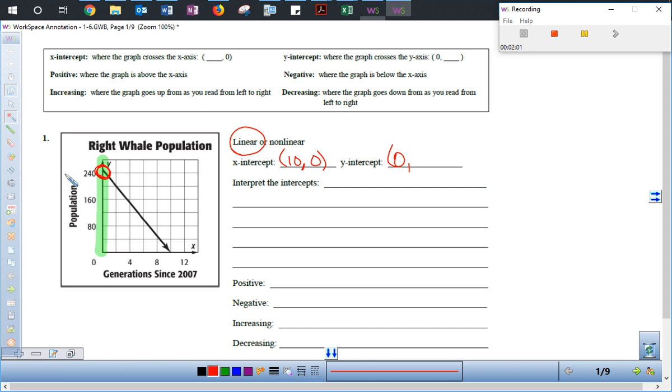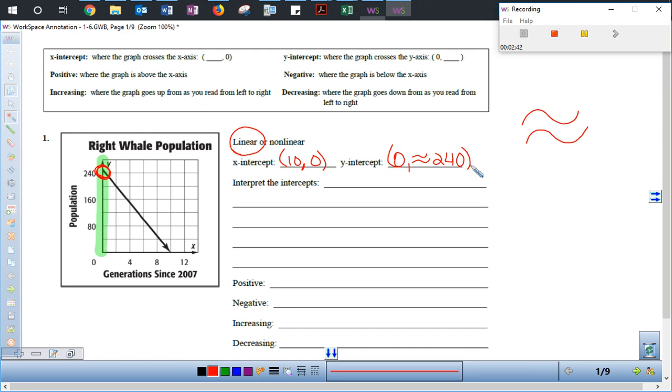So when it's not exactly where we want it to be, we have to approximate, which is totally okay, because we're just kind of guessing about what the graph is talking about anyways. However, to show that we are approximating, we need to use the approximation symbol, which looks like a squiggly equal sign, and that means approximately. So the y-intercept is at approximately, and it looks like that's about 240, but we don't know for sure, so I'm just going to say about 240. So I have my x-intercept and my y-intercept.